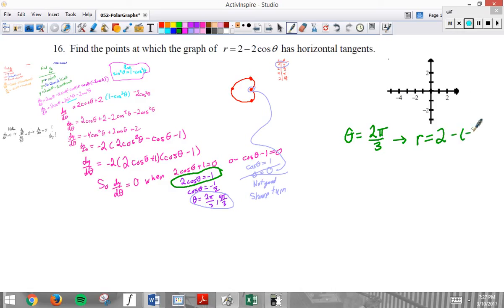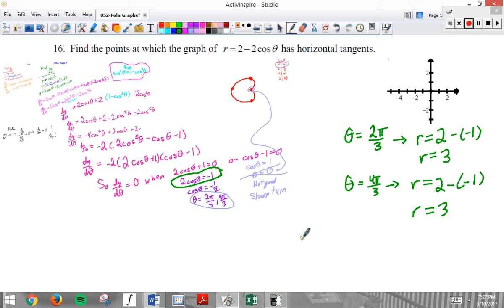Not to toot my own horn, but that's kind of what you want to be doing at this point, because God forbid you have to plug that back in and refigure out that we're getting something ugly. You should be able to reason by symmetry they're the same point also, because it's symmetric across the x-axis, so they both have to have the same value.